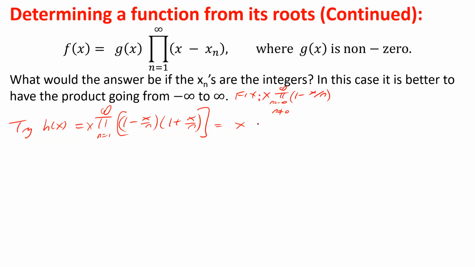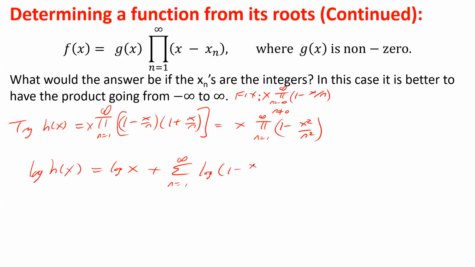And then that will be x times the product, n goes from 1 to infinity, of 1 minus x squared over n squared. And now if you look at that, that's much different. That's much better. And if you now try taking the log of h of x, that'll give you the log of x plus the sum, n goes from 1 to infinity, of the log of 1 minus x squared over n squared.